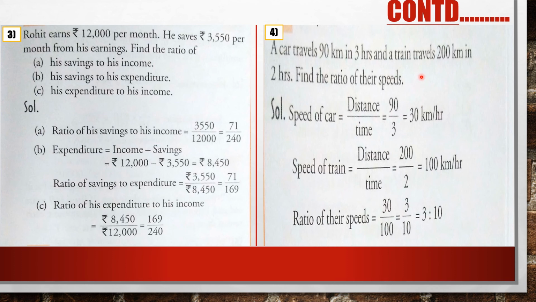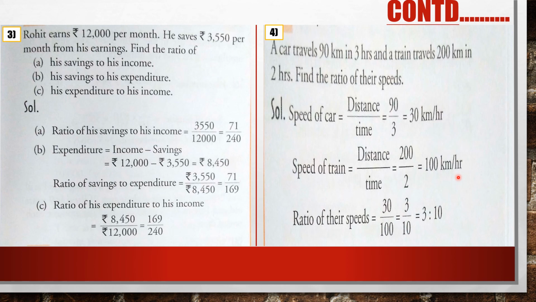Then, distance travelled by train is 200 km. Time taken to travel this distance by train is 2 hours. So, speed of the train can be calculated by the formula distance by time, which is equal to 200 km by 2 hours, which gives 100 km per hour.